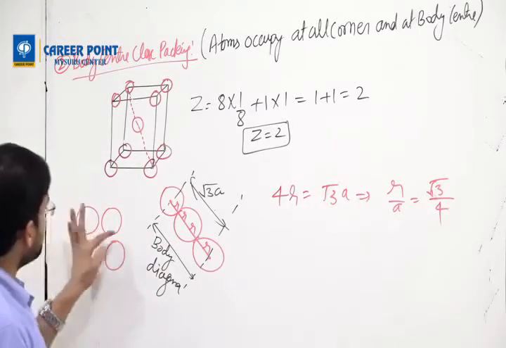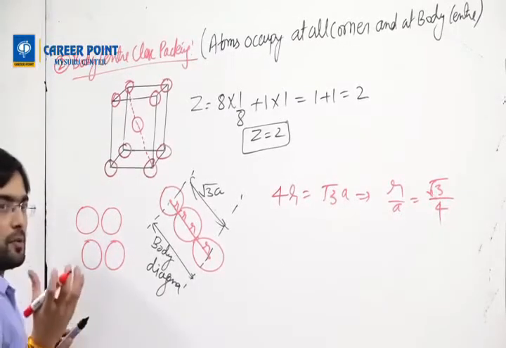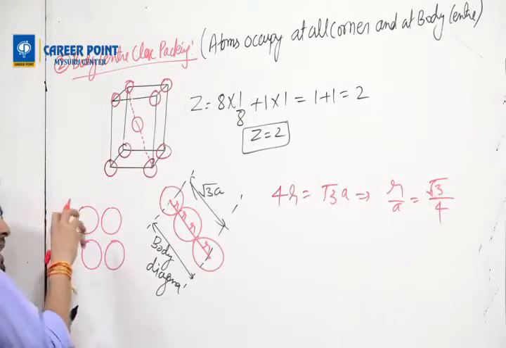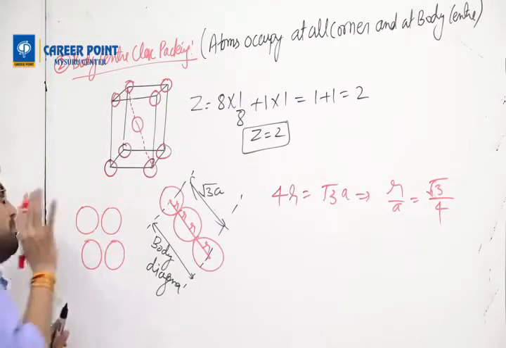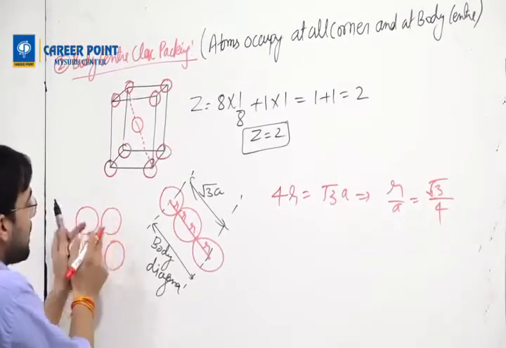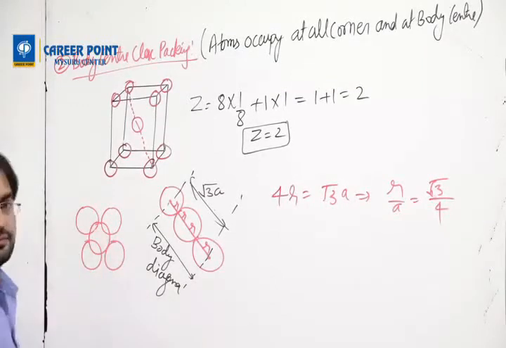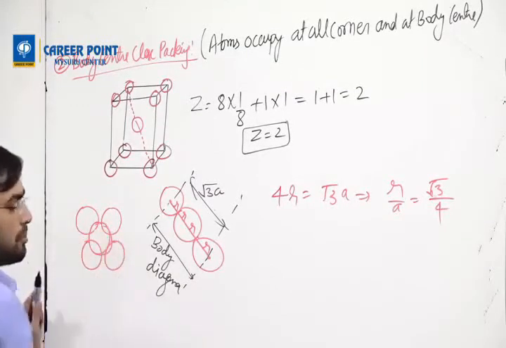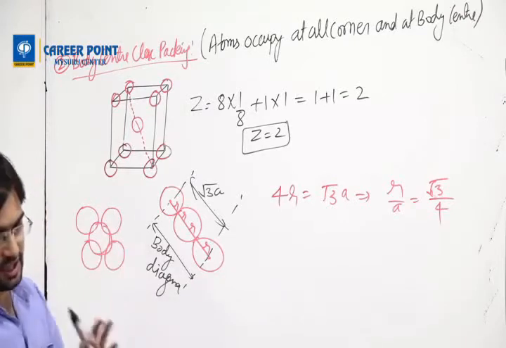Initially they were touching each other, as I taught in simple cubic. Then I brought a fifth atom and kept it in the middle of these. But then I pushed it inside also. As I push it inside, those atoms which were touching now get separated. Understood? They are not touching. So these atoms are not touching each other.